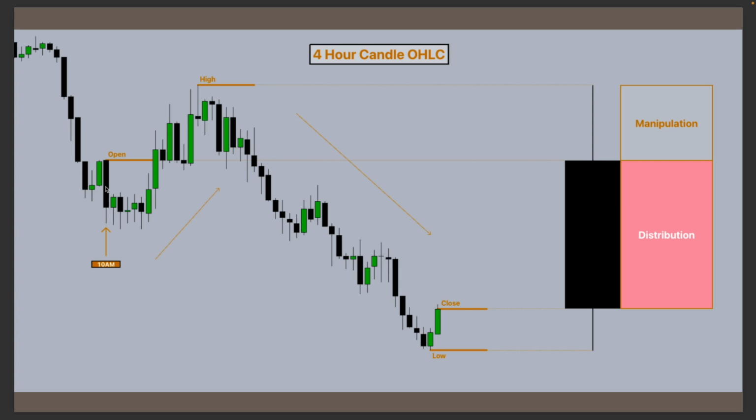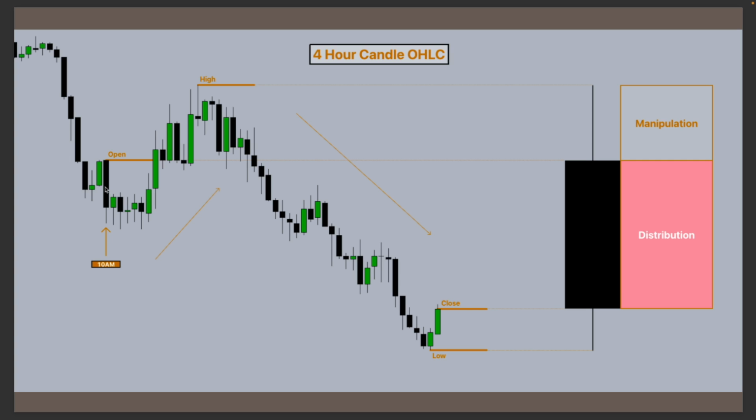Now, in this specific situation, price was at low of day down here at 10 a.m. So we expect some form of manipulation to serve as the high of the candle to trap longs and to dig back into a premium. So we don't want to short. Now we have this, if you're following my cursor, this little SIBI here, this little fair value gap.